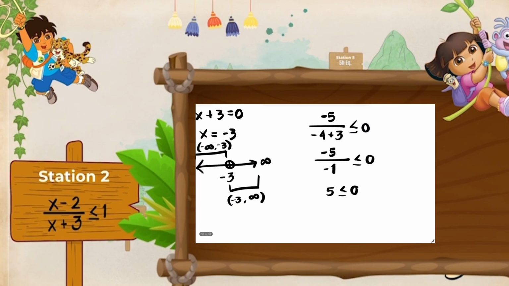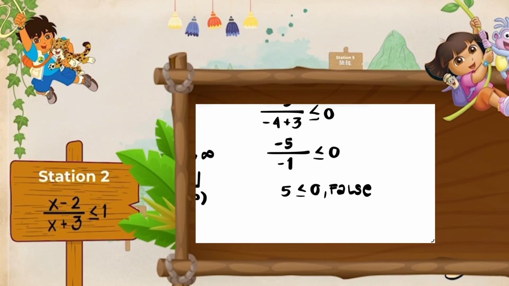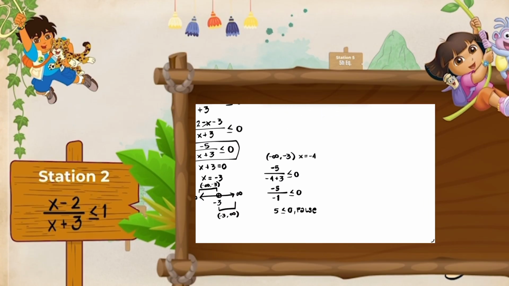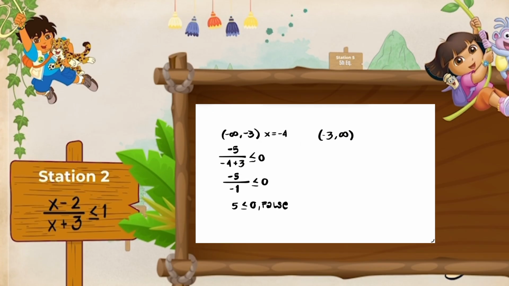A positive number is not less than 0, so it's false. And next we have the ordered pair negative 3 and positive infinite. Let's choose the easiest, 0.